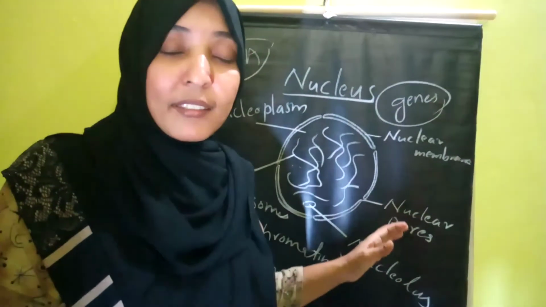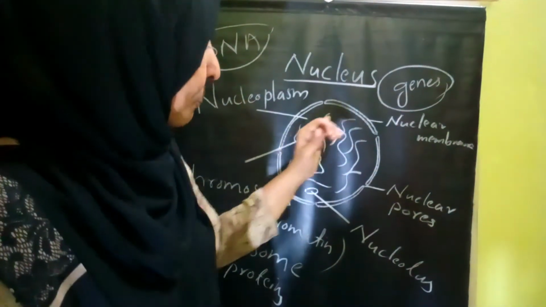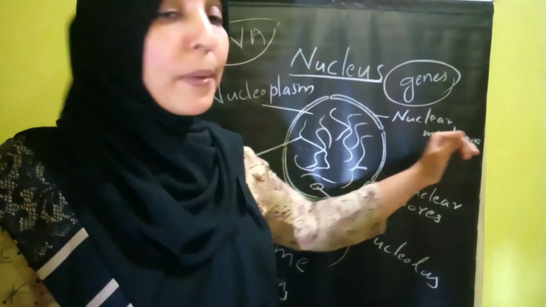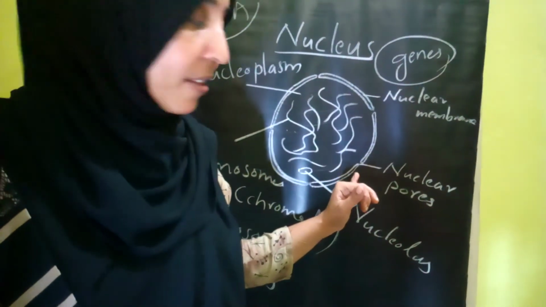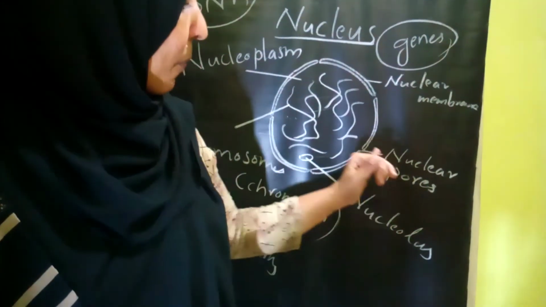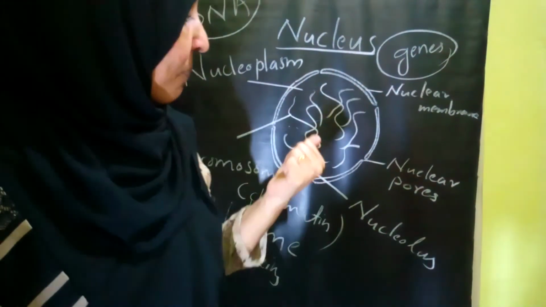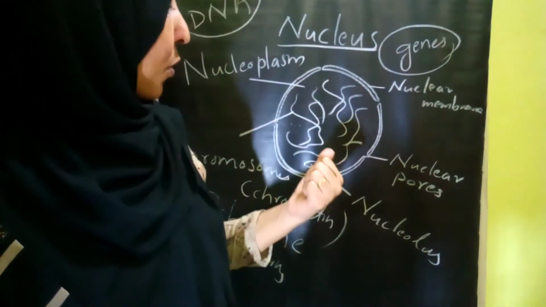So these are the major parts of the nucleus. Once more, let us see what they are. The nucleus is covered by an envelope called the nuclear membrane, a double-layered one, and throughout this nuclear membrane we can see small openings called nuclear pores. Inside the nucleus there is a fluid called nucleoplasm. The nucleolus is the small spherical body present inside the nucleoplasm.